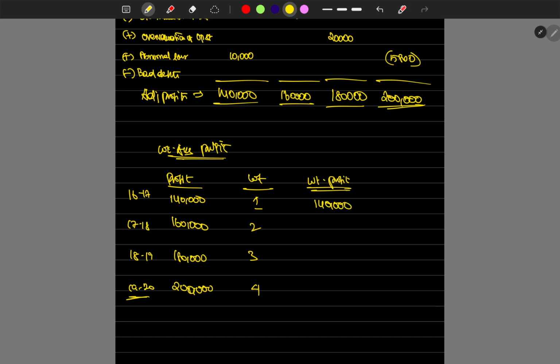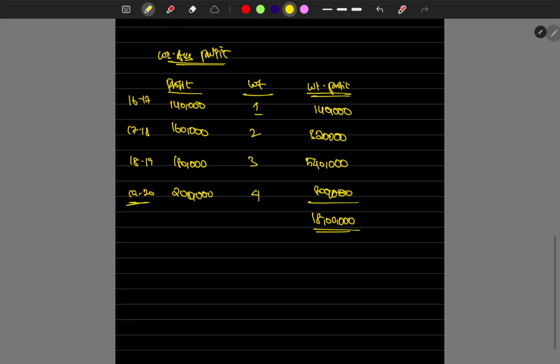1,40,000, 3,20,000, into 3, which is 5,40,000. Then 8 lakhs. Total this, we get 1,40,000 plus 3,20,000 plus 5,40,000 plus 8 lakh, which is 18 lakhs, the weighted profit. Okay, so we got the weighted profit.